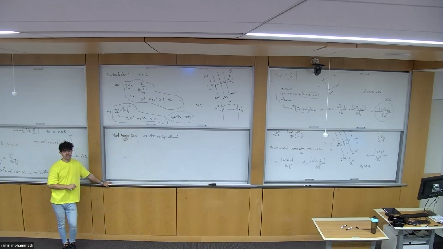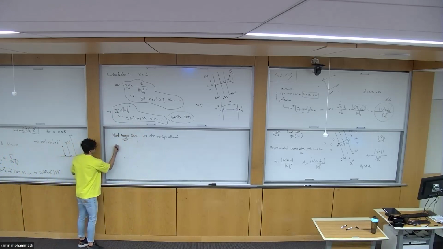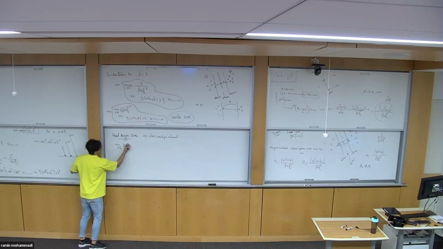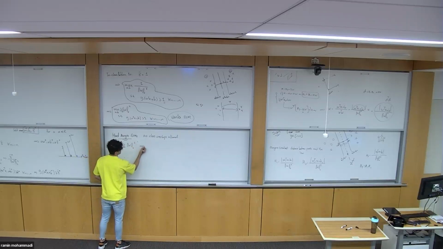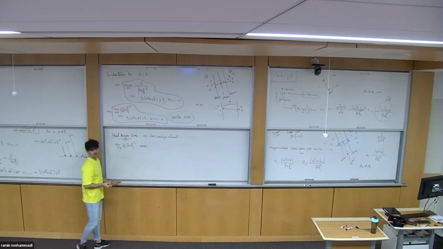If you look at the objective function, what could you tell me about it? It's convex. It's a norm, and the norm squared is also convex.